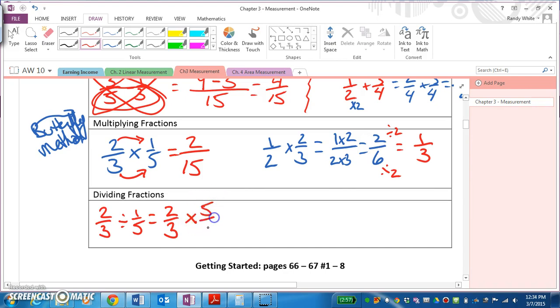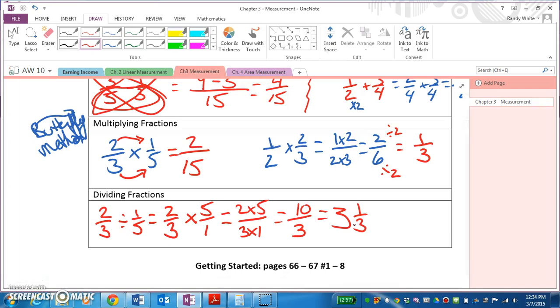So it becomes 5/1. And so then I just do my multiplication. 2 times 5, and then 3 times 1, which is 10/3. We simplify that down, which is 3 1/3. So if I take 2/3 and I group them into fifths, I would have 3/5 and then a third left over.